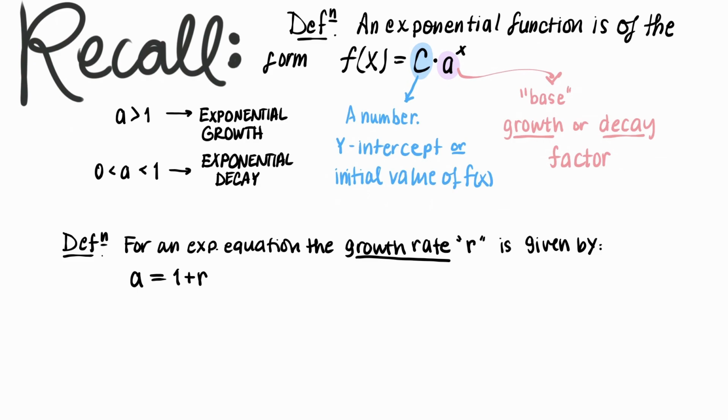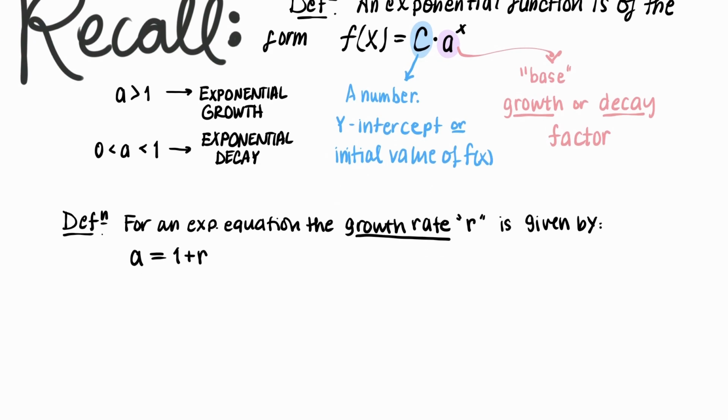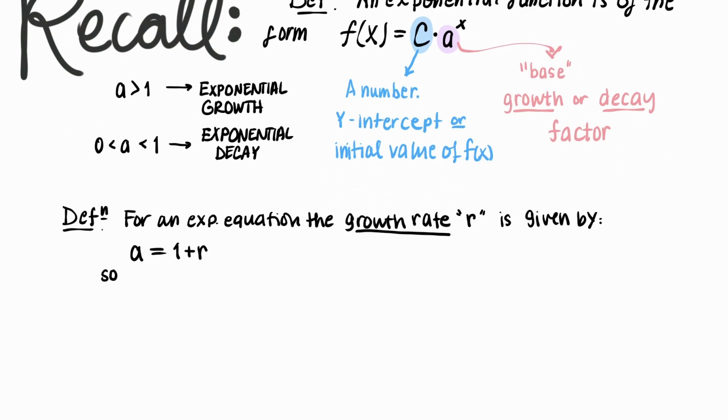So if we want to solve for r, this is just a minus 1. And when r is bigger than 0, we have exponential growth. And when r is less than 0, we have exponential decay.